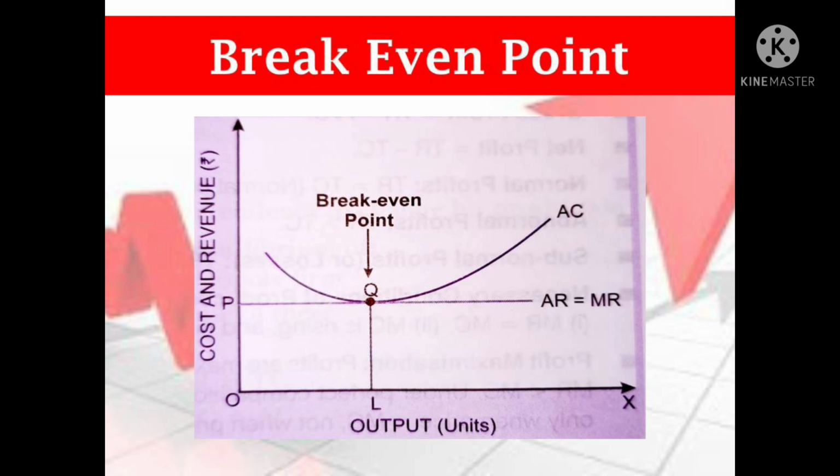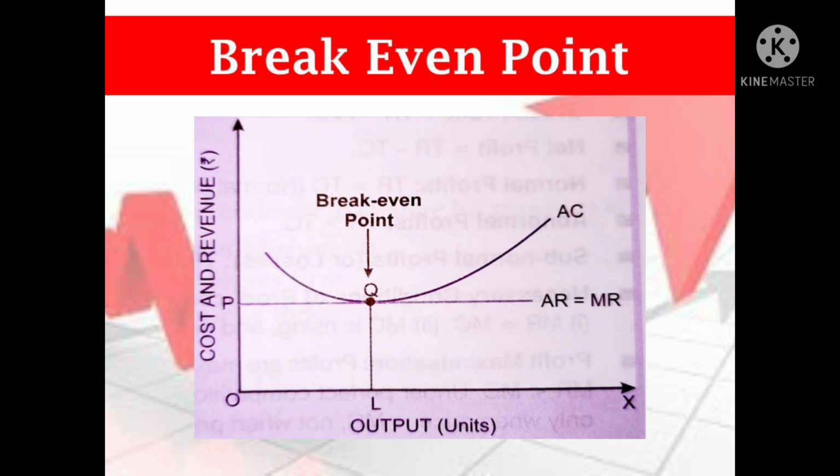Next, break-even point. Break-even point refers to a situation for a firm when its total revenue equals total cost, or average revenue equals average cost. In other words, break-even point is that specific level of output or sale where the firm's total costs are just equal to total revenue. In economics, break-even is said to occur when TR equals TC.